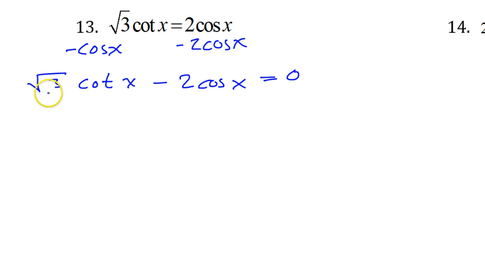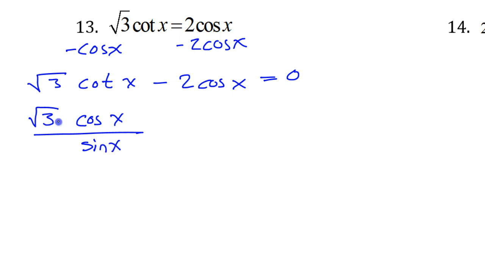Alright, I have to admit that at this moment I have no idea what I'm going to do. So I'm going to just try some stuff. So cotangent, I know that that is cosine over sine. So let's see what happens if I rewrite. So now I've got radical 3 times cosine x over sine x.